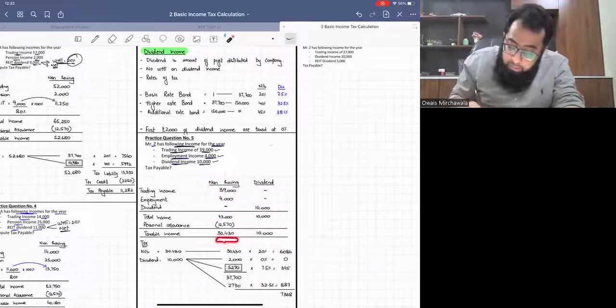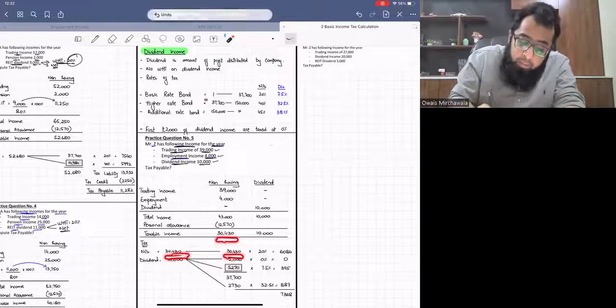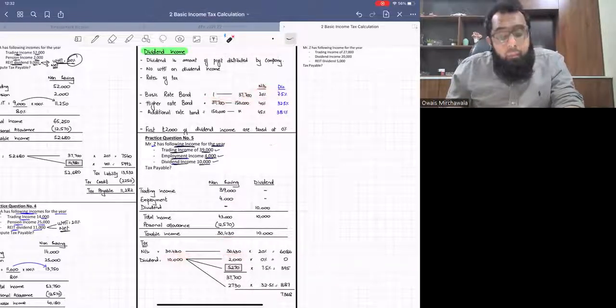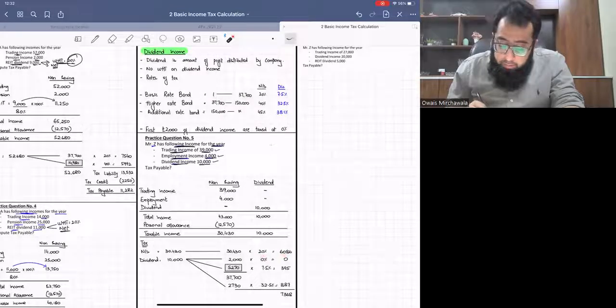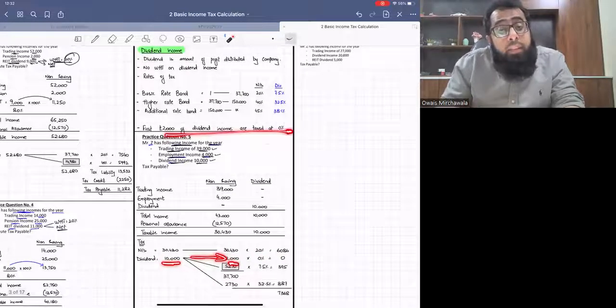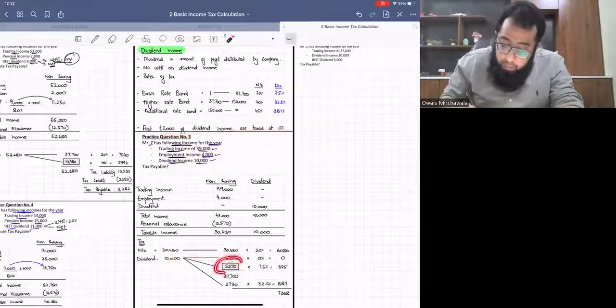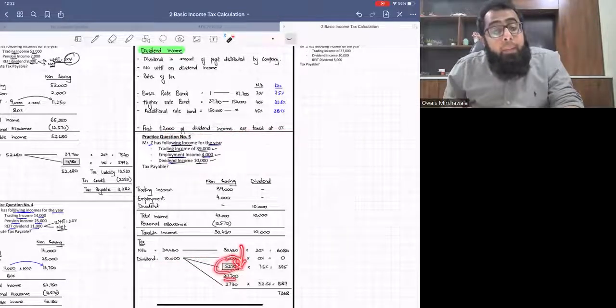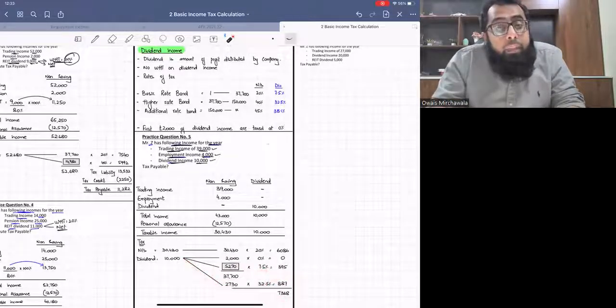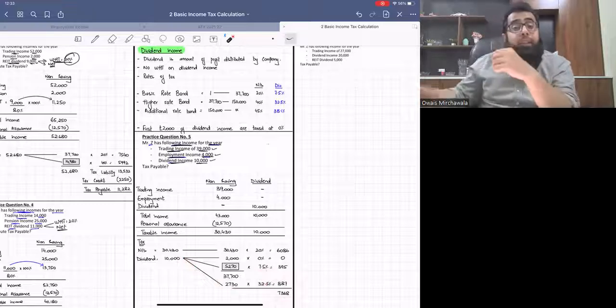Now the entire non-saving income lies in the first band. So 20%, then the first 2,000 of dividend income is always taxed at 0%. The amount remaining in the band is taxed at 7.5%, and the remaining goes at higher rate. I hope that this is clear.